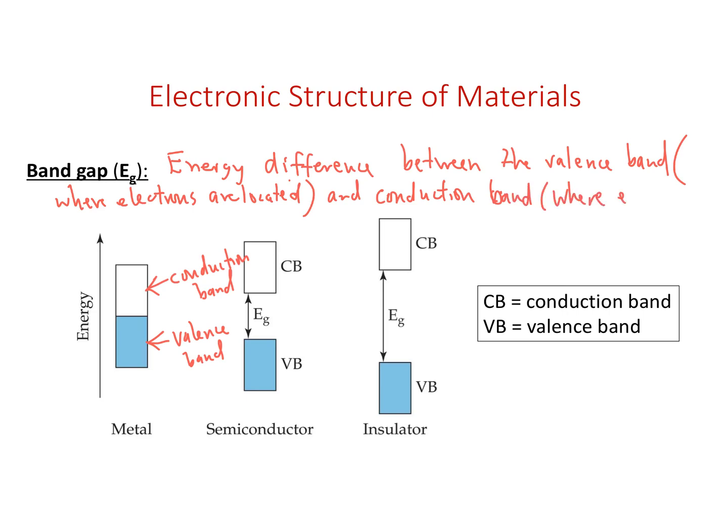And that's where electrons are free to move. And so this band gap is going to help us determine the difference in the behavior and the properties of a metal, a semiconductor, and an insulator.